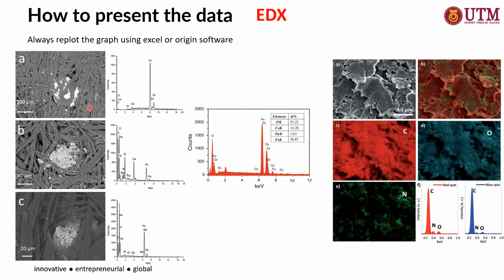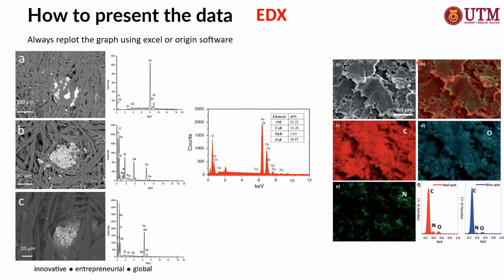This is another example. If you have multiple samples, you can present them using this technique. Or if you have more opportunity, you can use EDX mapping analysis. For example, you have one morphology here and you want to do the mapping to study the morphology properties.